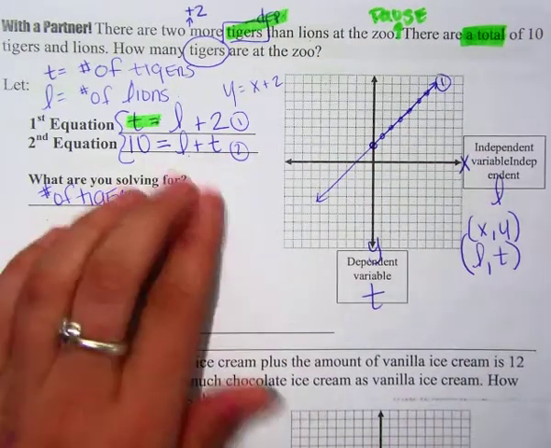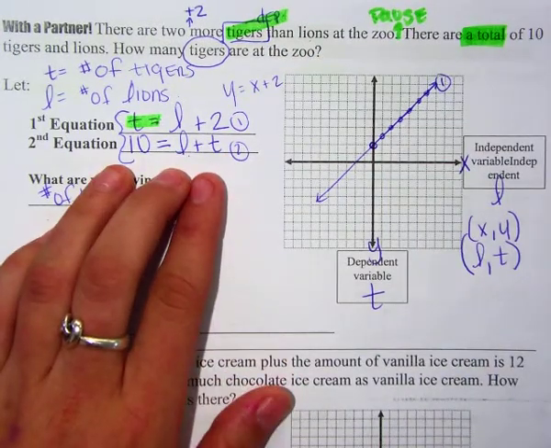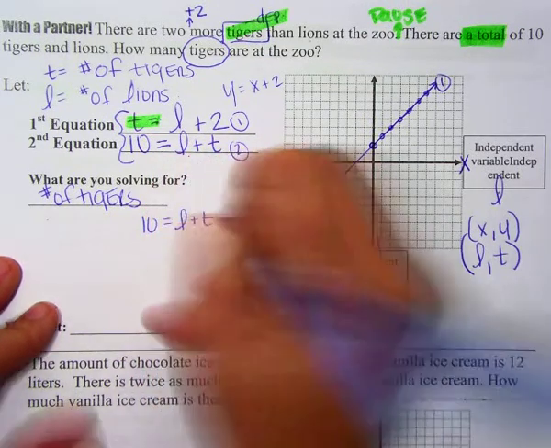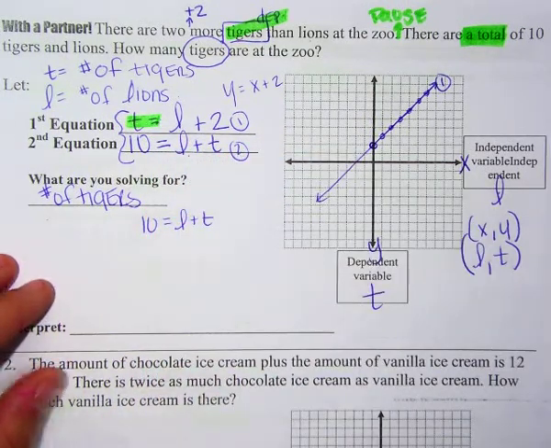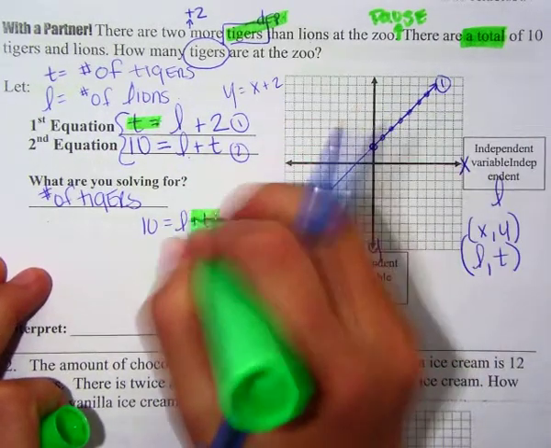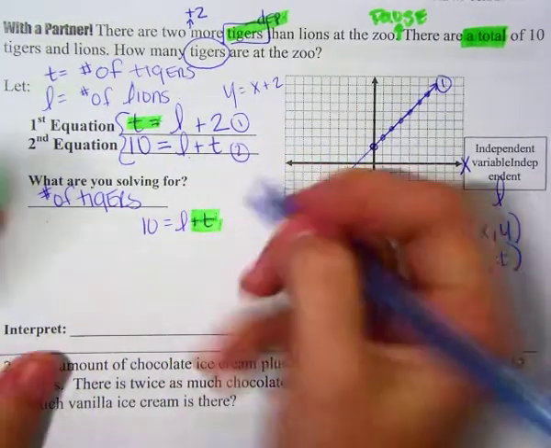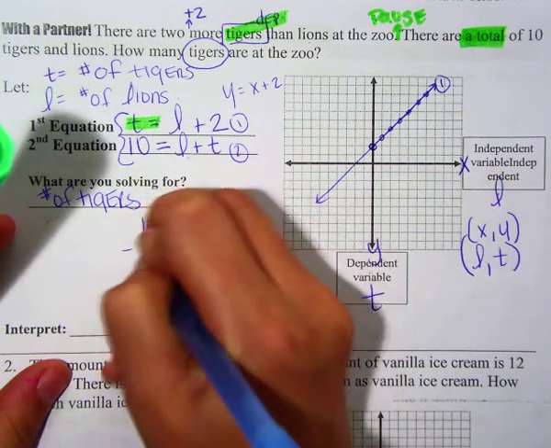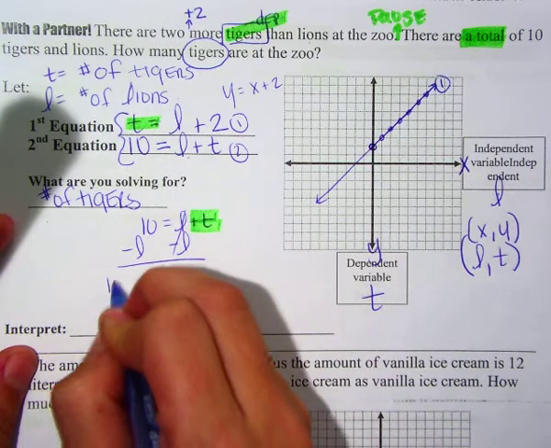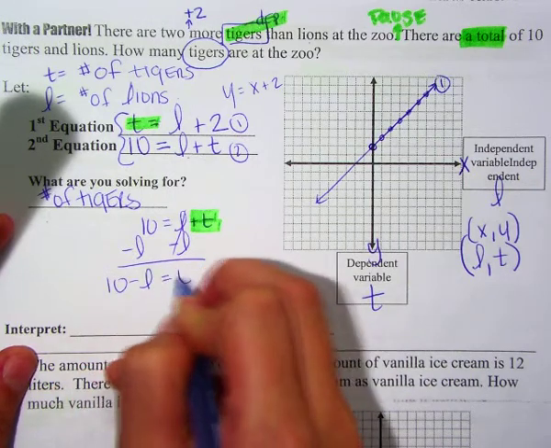Equation 2 is currently not in slope-intercept form, so I'm going to rewrite it down here. And I'm going to go ahead and convert it into slope-intercept form, where I want the dependent variable by itself. So I need to isolate t, so I'll subtract L on both sides. So 10 minus L equals t.